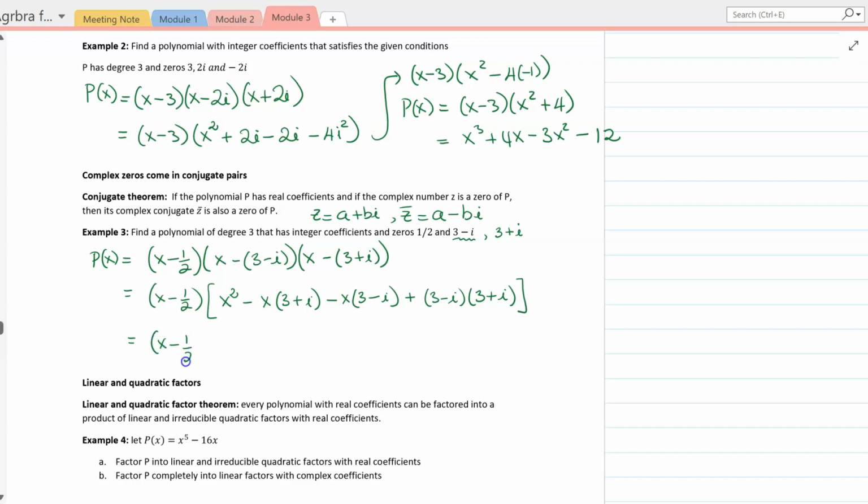So x plus a half times x squared minus 3x minus xi minus 3x plus xi plus 9 minus i squared. So let's simplify this. Negative xi with positive xi, that's gone.